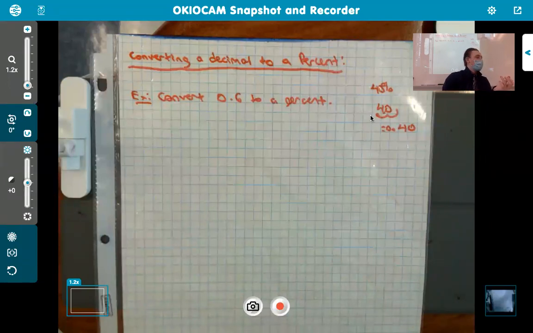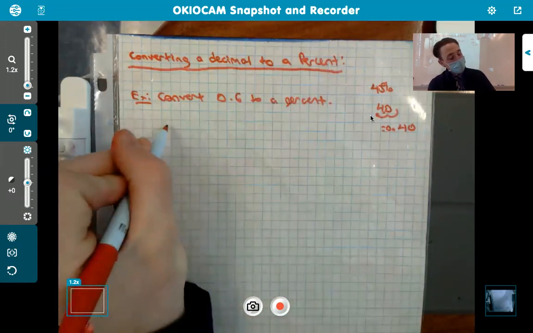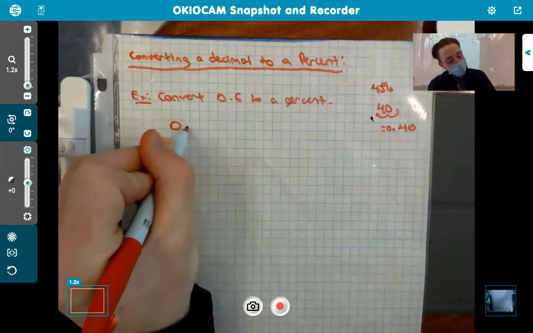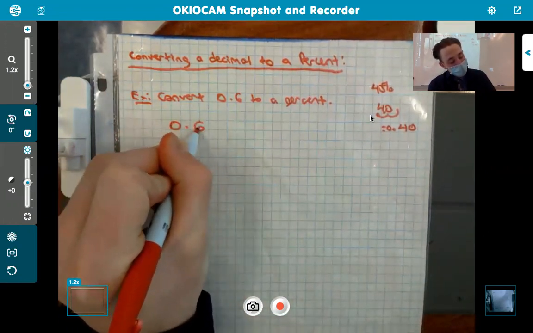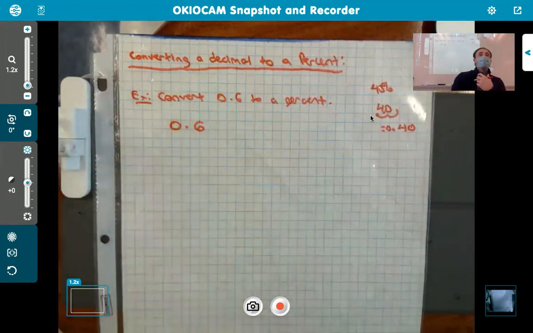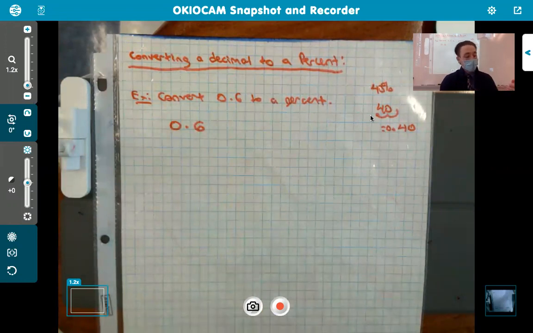So what we do in this instance is we write down our original decimal that they give us, so the 0.6. And instead of moving 2 decimal places to the left, we're going to move 2 decimal places to the right to get our whole number. Then we're going to write that as a fraction, as a decimal, so on and so forth. So we get in the habit of understanding how they all kind of connect, all right?